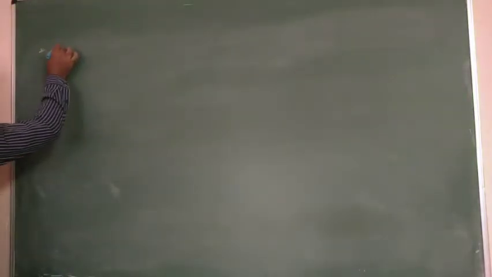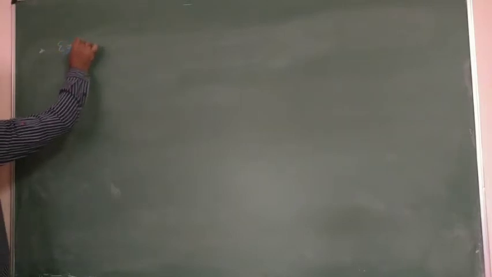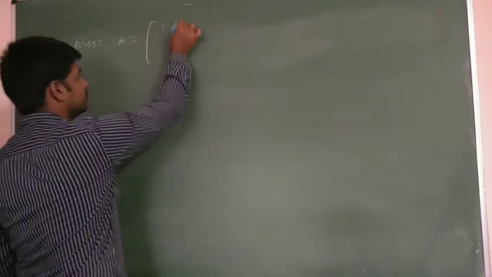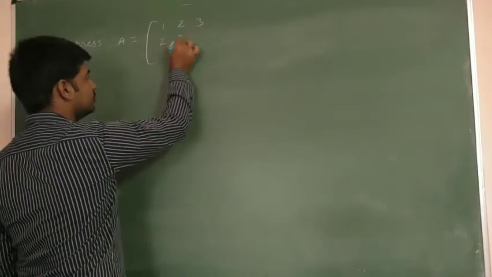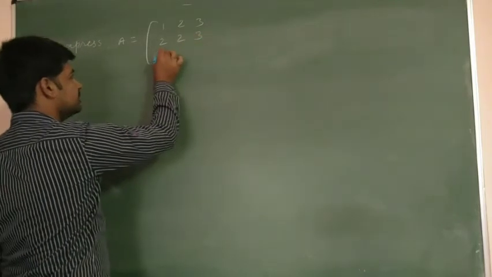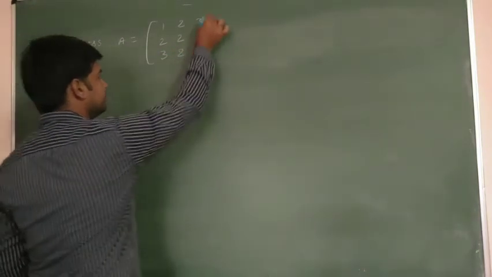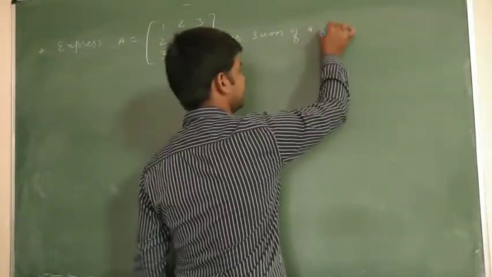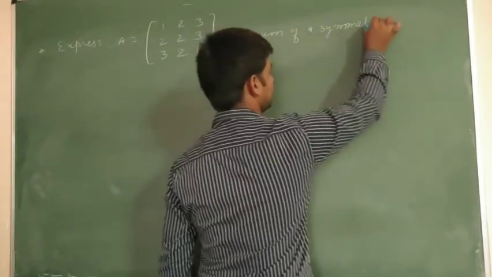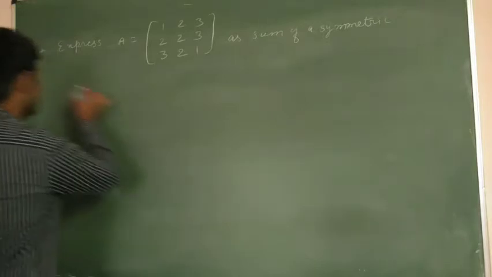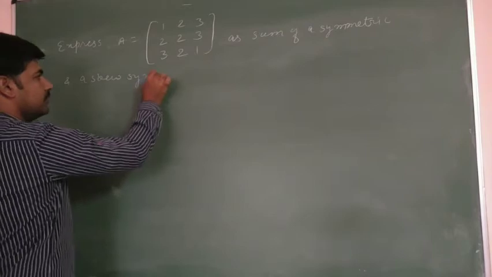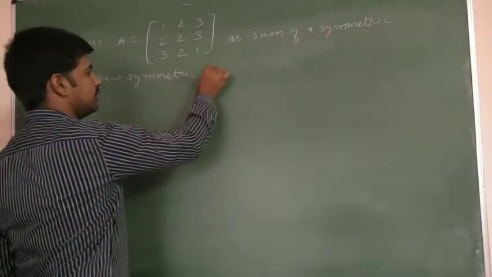So suppose the kind of question is: express A is equal to [1 2 3; 2 2 3; 3 2 1] as a sum of a symmetric and a skew symmetric matrices.